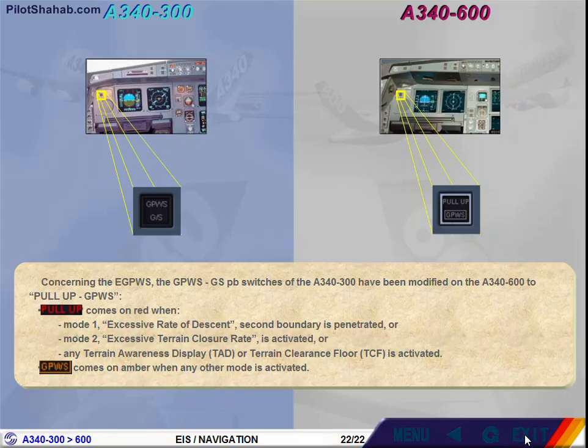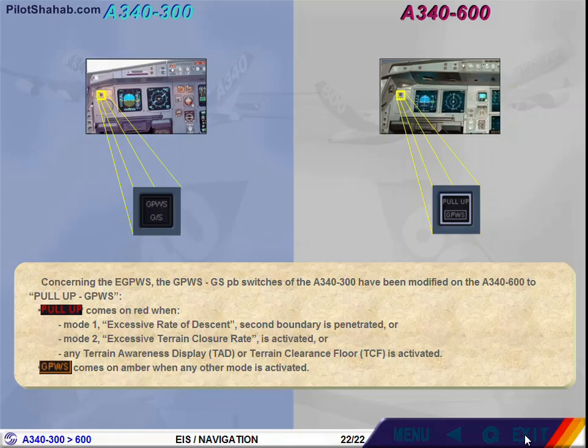Concerning the Enhanced Ground Proximity Warning System, the GPWS-GS push-button switches of the A340-300 have been modified on the A340-600 to pull up GPWS.